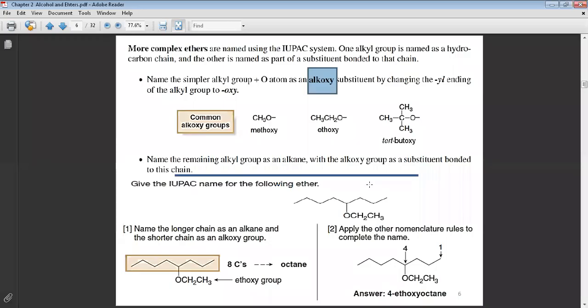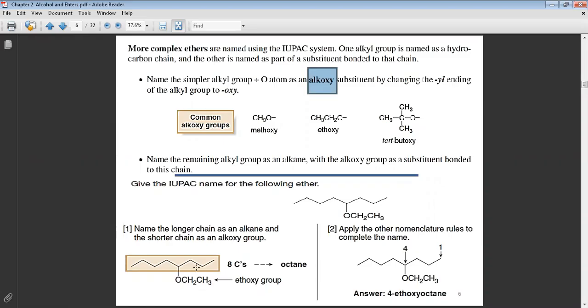Okay, now number 1, name the longer chain as alkane and the shorter chain as alkoxy group. Now take this: 1, 2, 3, 4, 5, 6, 7, 8, octane. We have octane here, and this other group is ethane, and ethane with oxygen will be ethoxy.